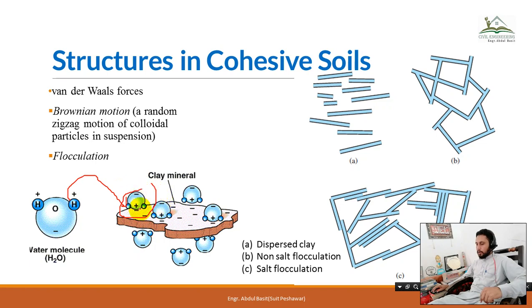These are the water molecules, and these are surrounding this, and these water molecules are making the film around these particles of clay. Okay, so whenever a clay particle is surrounded by these water particles, it will have some plasticity. Already I told you in chapter number 2.